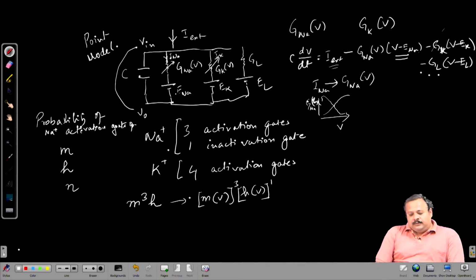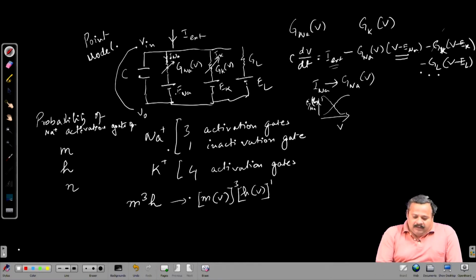If we assume that there are a large number of gates, then on average the conductance of the sodium ion channels in the entire neuron can be given by a fraction of the total conductance.